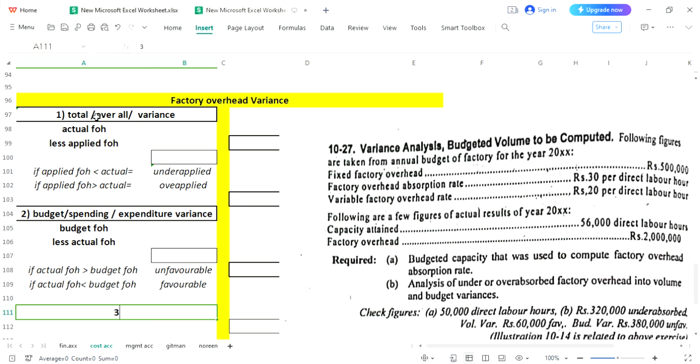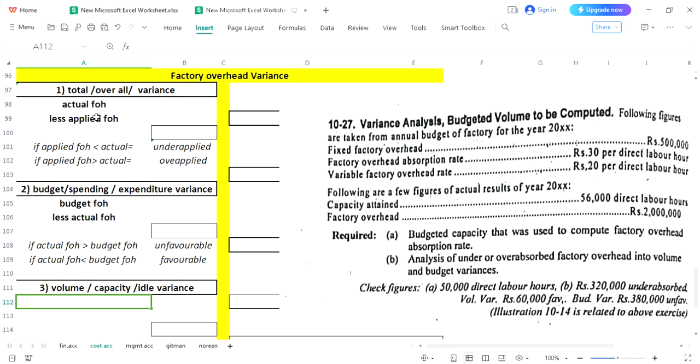The third variance you will calculate would be your volume variance, also called capacity or idle capacity variance. This would be the relationship between budget and applied FOH.